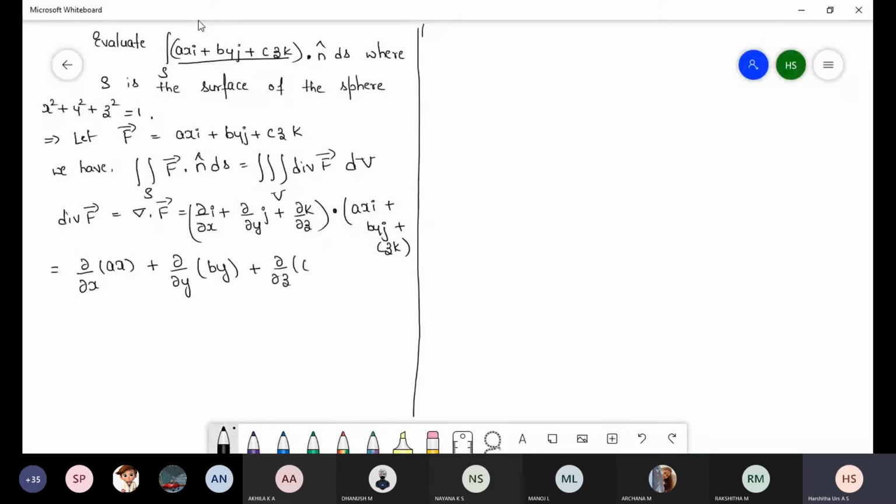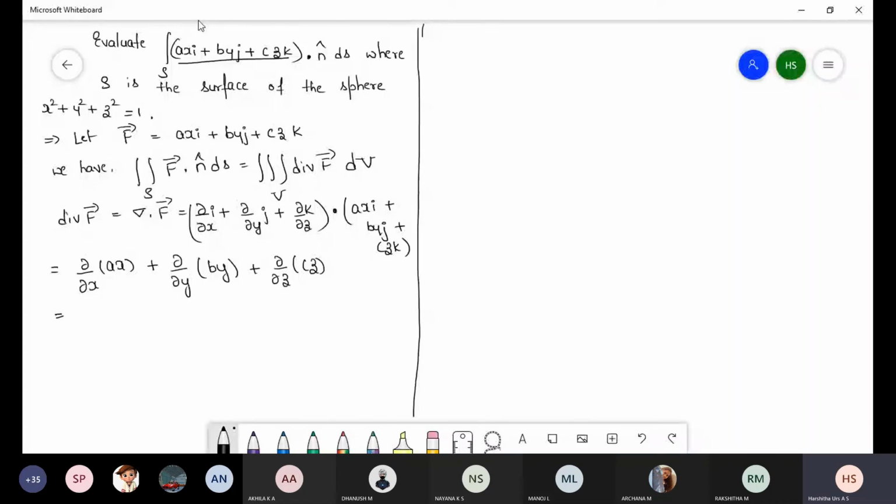Now tell me the partial differentiation of all the three terms. A plus b plus c, ma'am. Yes, good.